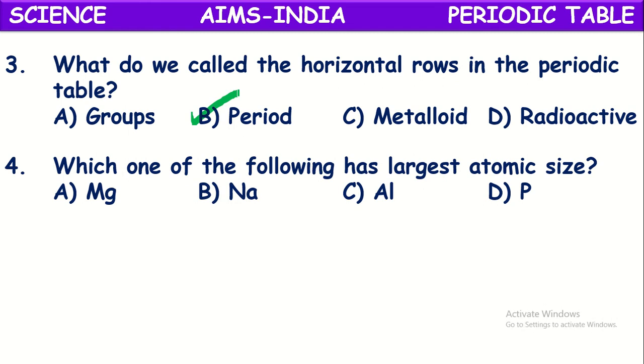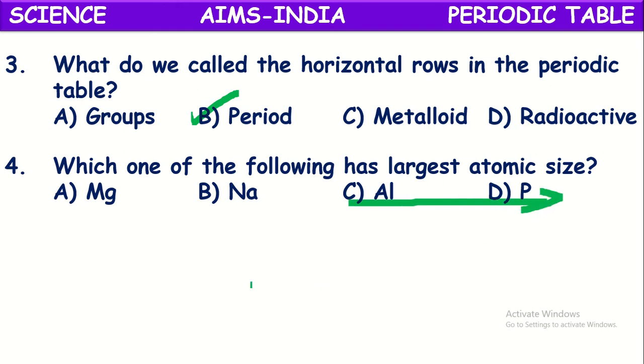Next one. Which one of the following has the largest atomic size? So which will be having the largest atomic size among these four elements? Let us try to relate these elements based upon their positions. If you see sodium and magnesium, these two are at the extreme left side of the periodic table, whereas aluminium and phosphorus are at the right side.